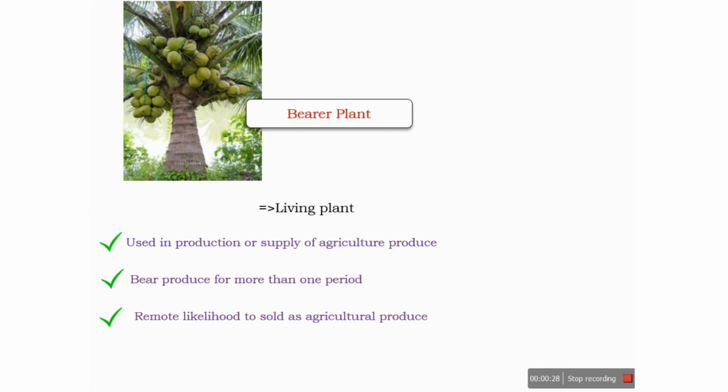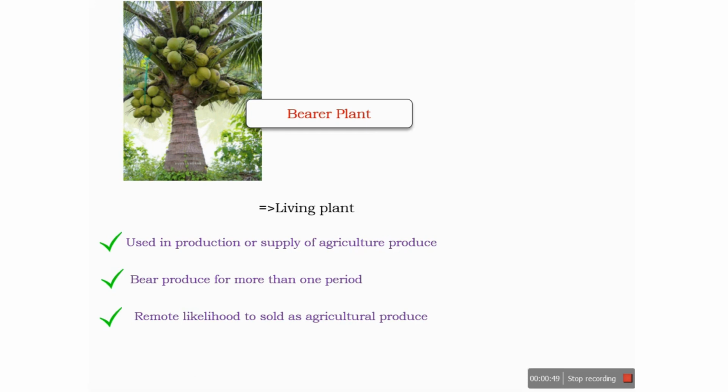So these plants will not be covered under IND AS 40, but in case of use in production or supply of agriculture produce, IND AS 16 describes that it is to be solely used for production and supply of agriculture produce. Only in that case, IND AS 16 will be applied.